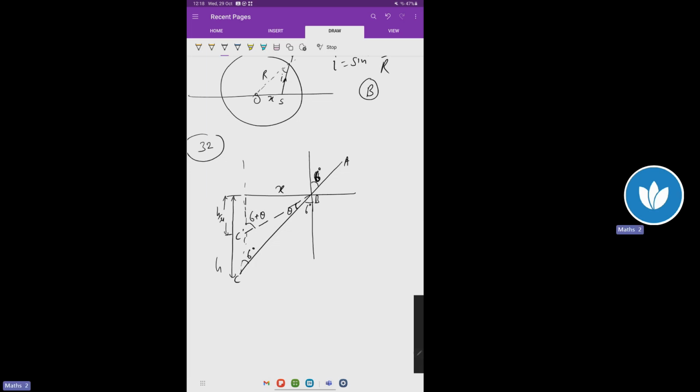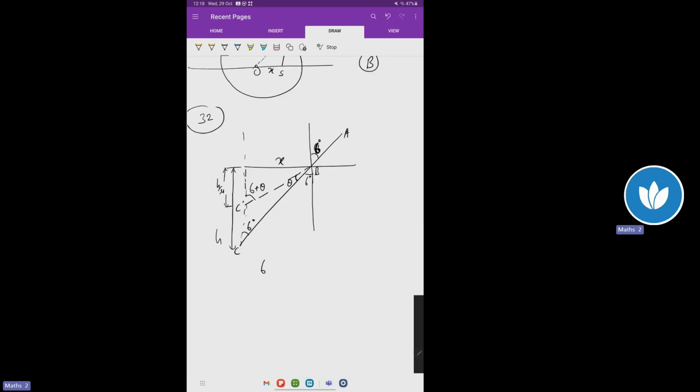For small angle, tan theta is theta. So 6 degrees is equal to x by h. And 6 plus theta is x upon h by mu. Mu is 4 by 3. Theta is 2 degrees.